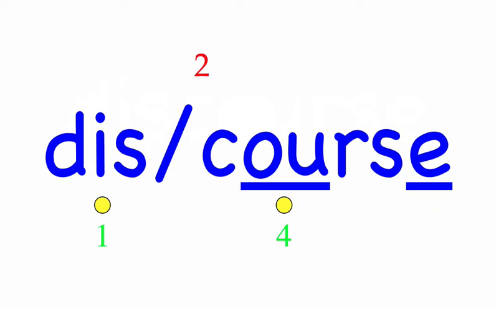Row 3. Encourage. I want to encourage you to stay in school. En, two sounds. E, n. Cur, two sounds. K, er. Age, two sounds. A, j. Encourage.